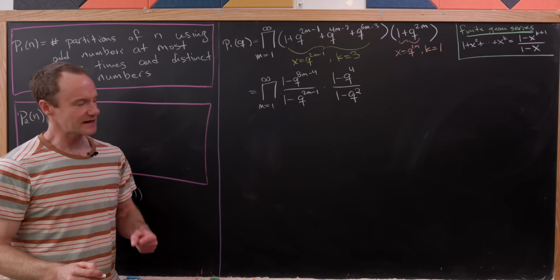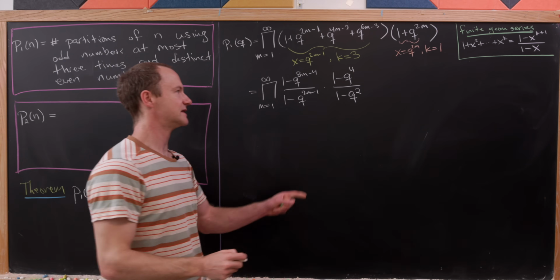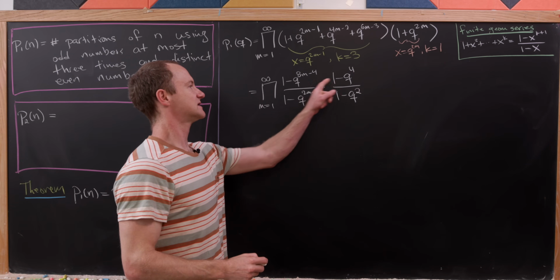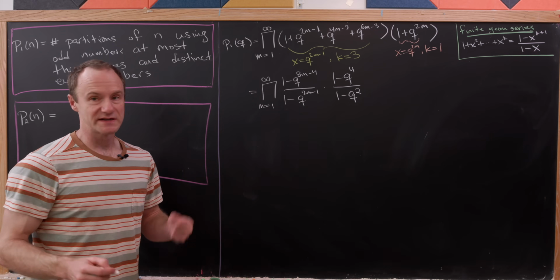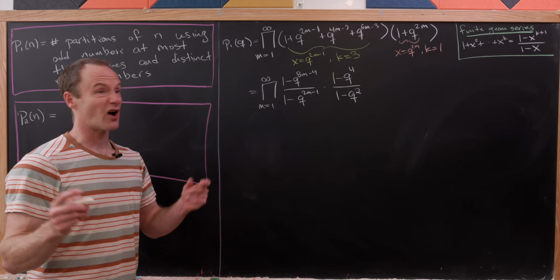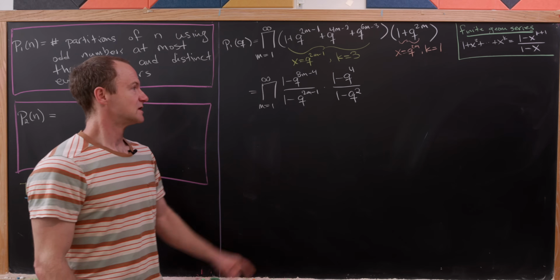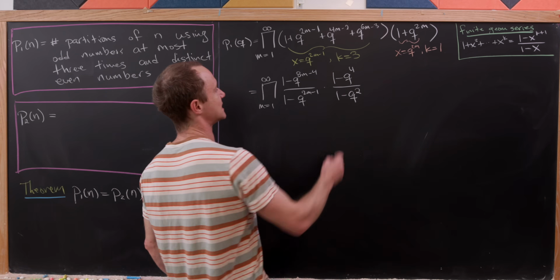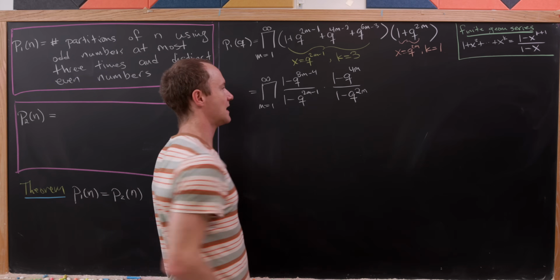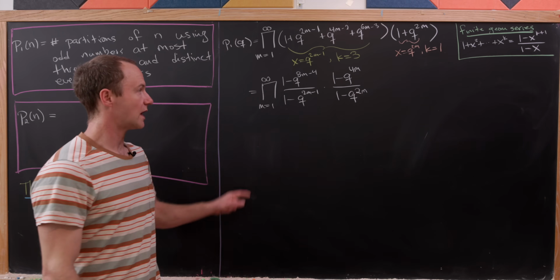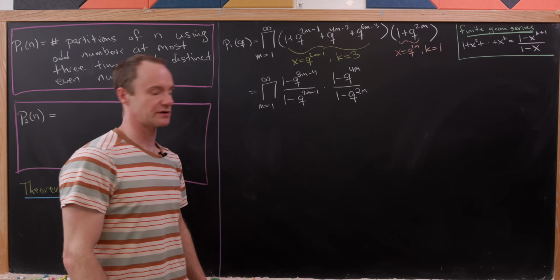But now I'd like to observe something, and that is that these things in the numerator are the same. They're not always the same, but they're often the same. So notice if m is equal to 1, we get 1 minus q to the 4th and 1 minus q to the 4th.